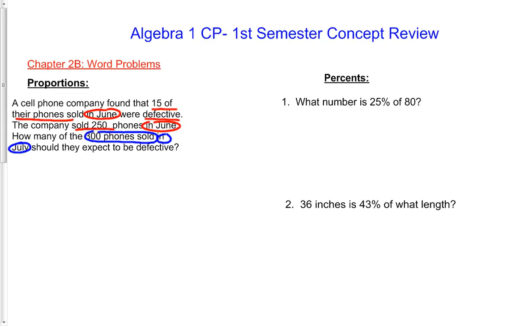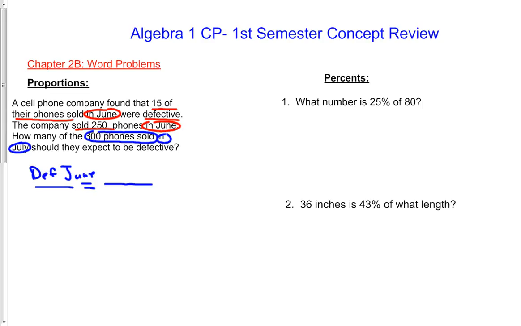All right, so the way I want to set this up, and again, this isn't the only way, but it's a pretty easy way to do this. What I'm going to do is label this before I plug anything in. Looking at everything I've highlighted in red, I have 15 defective phones in June. So defective, June.